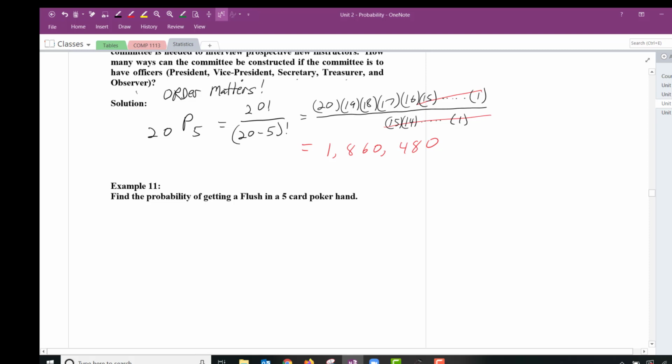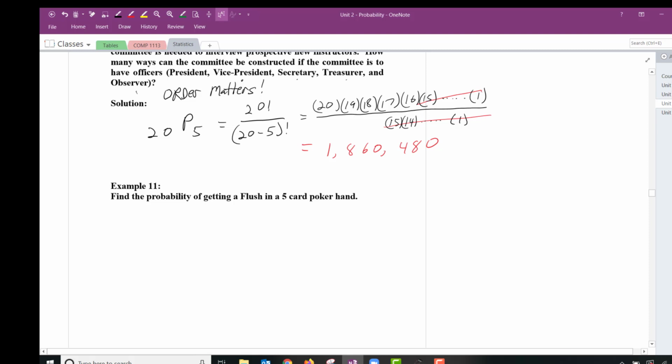we have to ask ourselves, does the order of them matter? If I get dealt 2, 5, 7, 9, and a jack, is it the same hand if I have a jack, 9, 7, 5, 2? I think the answer is they're the same hand. So the first thing we need to think about is whether the order matters or not.